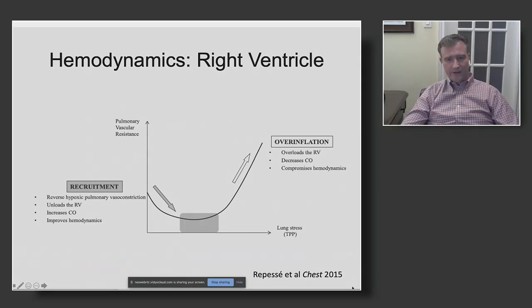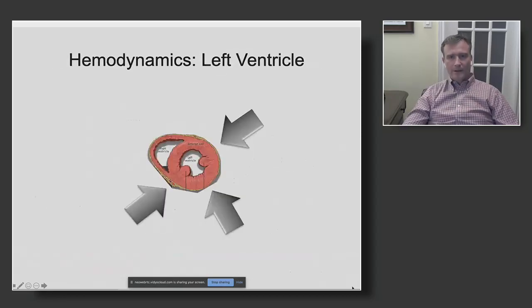So finding the exact sweet spot is always uncertain. Again, typically starting at a PEEP between 5 to 10 is probably going to be an optimum spot for minimizing pulmonary vascular resistance.